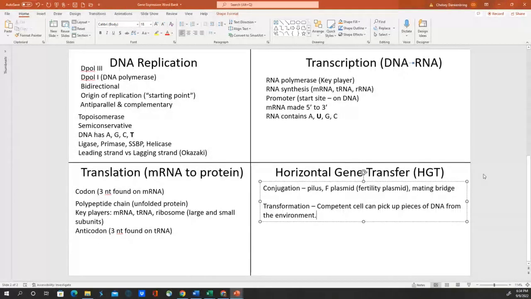There's no cell-to-cell contact, nothing like that. It's just a cell minding its own business. It's like, oh, there's a piece of DNA. I think I'll take it in and see if I can use it. And if it can, it does. If it can't, it just kicks it back out. And so remember, only some cells can do this.